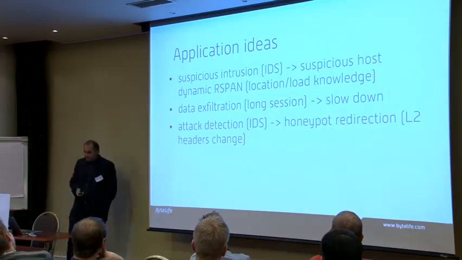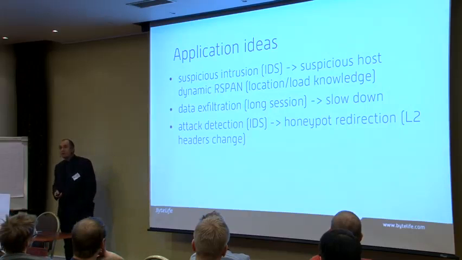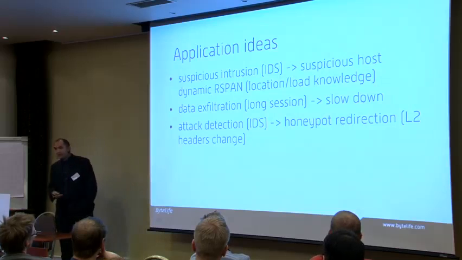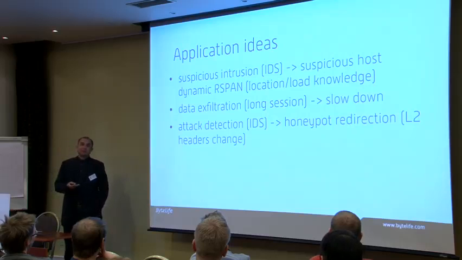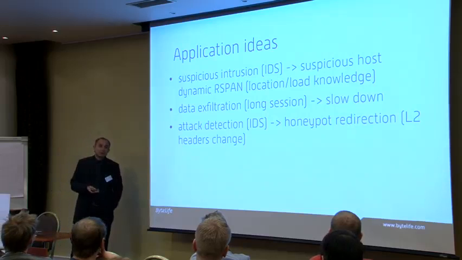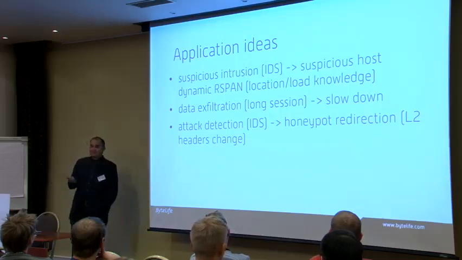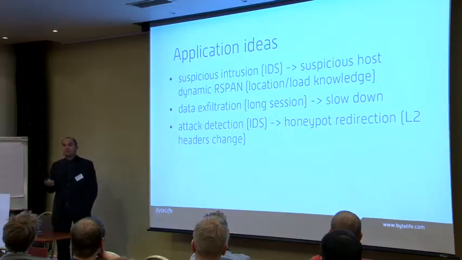What else can be done is honeypotting. If we, for example, observe some understandably malicious behavior, we can redirect the sessions to phantom networks, which look the same, but don't contain any real data.